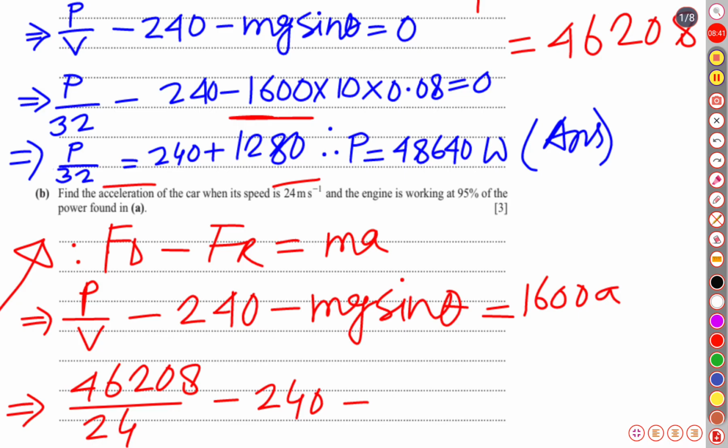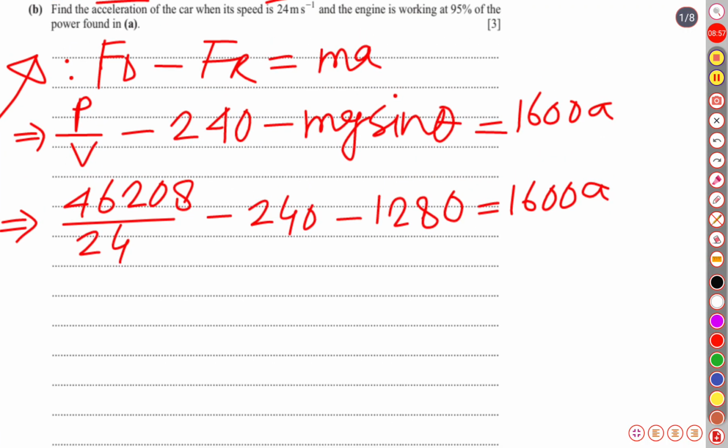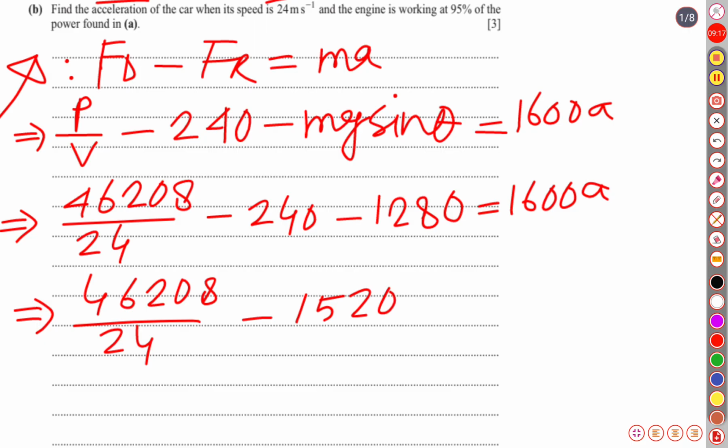So let us substitute: 46208 over 24 minus 240 minus 1280, which we have already calculated as 1520, equals 1600 a.